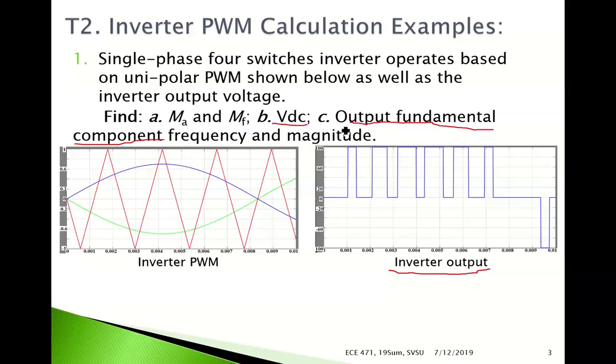So this square wave contains the fundamental component as well as harmonics, and we only talk about the output fundamental component without concerning the harmonics. So the frequency and the magnitude equal what?